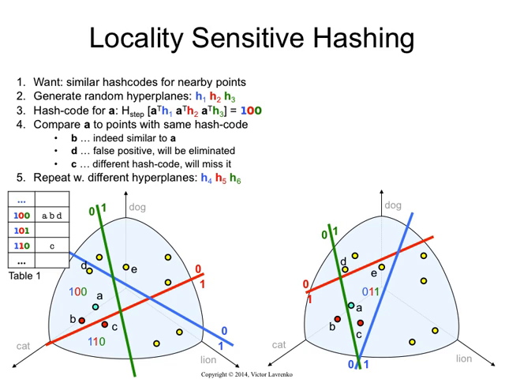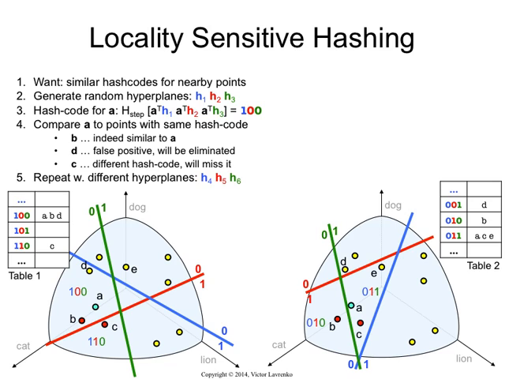So when I insert them into a hash table, they will collide and end up in the same bucket. But now B is going to be in a different bucket. So for code 0, 1, 1, I'm going to find A, C, and E, and B is going to be in a different bucket. The fact that B is different here is not a problem because I've already found it in the other case.